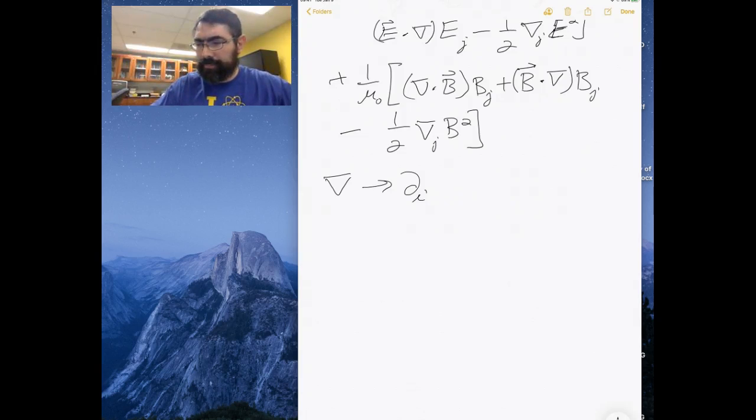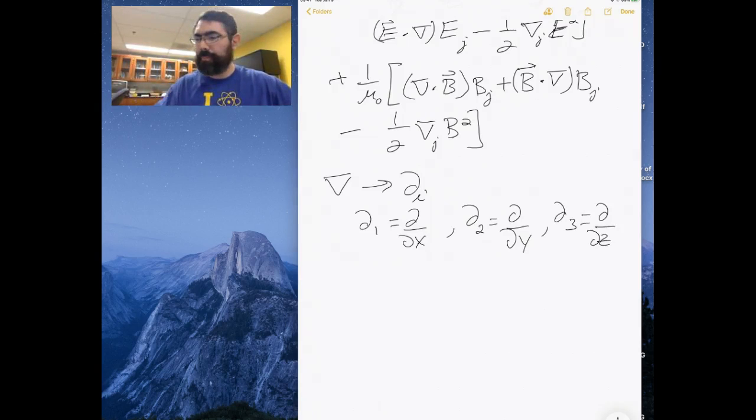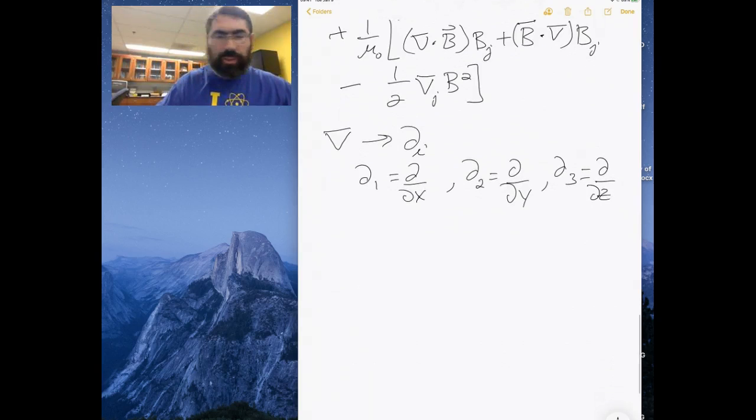So del 1 is d dx. Del 2 is d dy. Del 3 is d dz, like so. Okay, so I would write down del I times this tensor T ij.